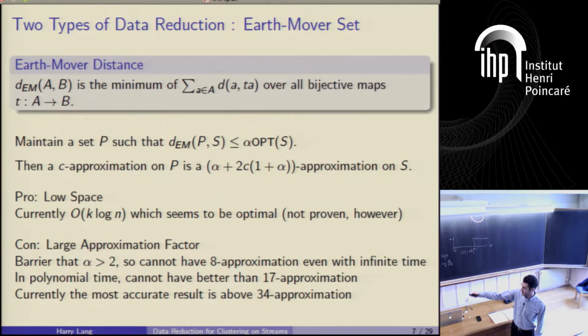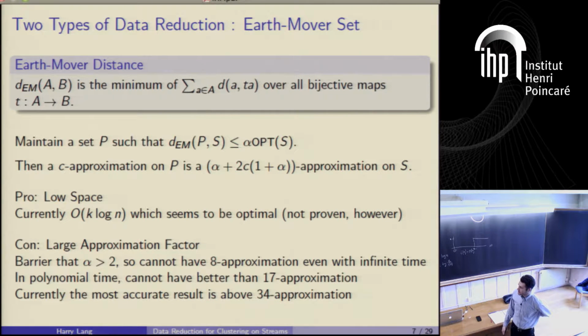You can see this factor here. The factor of 2 comes from the fact that these offline approximations for general metric spaces cluster P using centers from P. But if you use centers outside of P, you might drop the cost by a factor of 2. Without that flexibility, we get the factor of 2. But all in all, alpha has to be greater than 2.